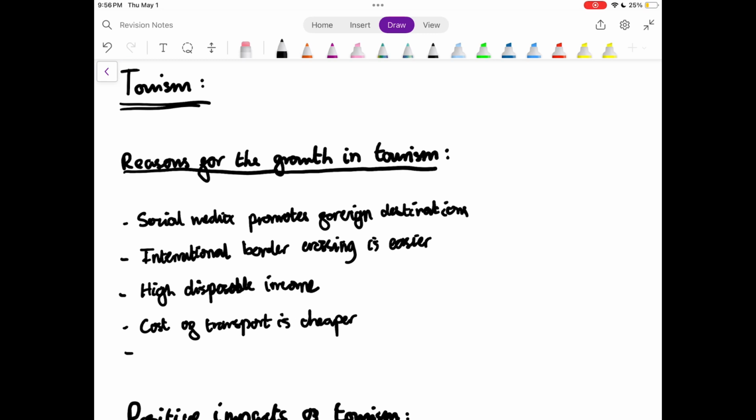And finally, workers may be given more leave, and this allows them to have more time for leisure, and therefore tourism will increase.